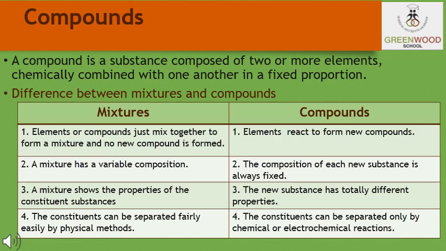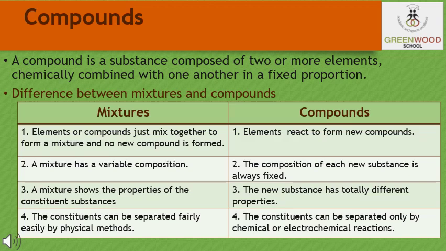But in the compounds, elements react to form a new compound. Whereas a mixture has a variable composition, in the compound the composition of each new substance is always fixed.